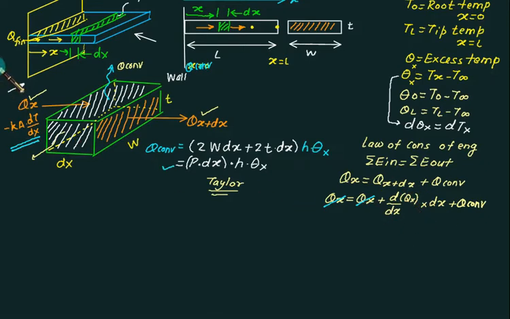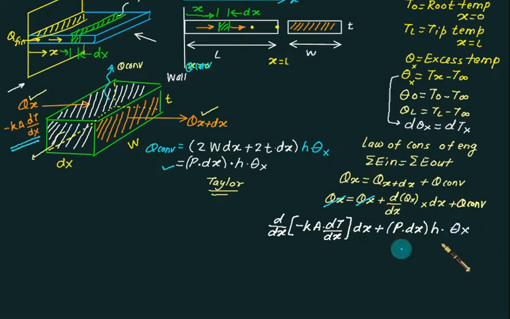So let's substitute and try to form the governing equation. We have d/dx of Qx, that is minus k into A into dT by dx, where A is AC area into dx, and convection is perimeter into dx into h into theta x. So this is P multiplied by dx into h into theta x, and this whole sum is equal to 0.